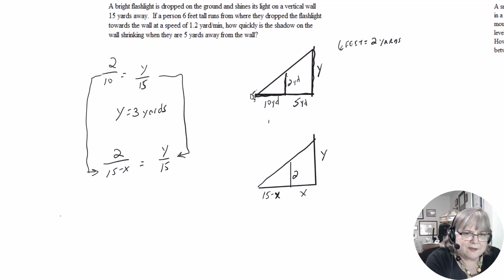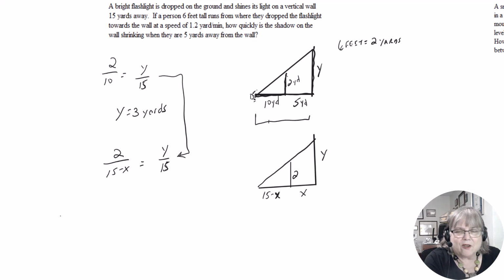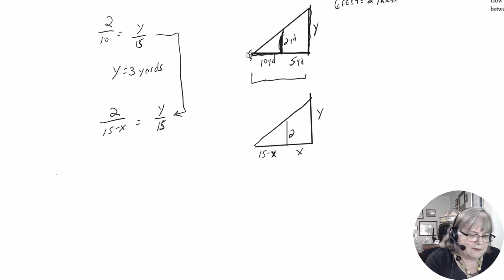That may be just 15 minus whatever x is, so I'm going to change that to 15 minus x. The total distance of 15 from here to here doesn't change. The only thing that's changing is how far this person is running from the light, and of course y is going to change as a result of that. The person's height is not going to change.